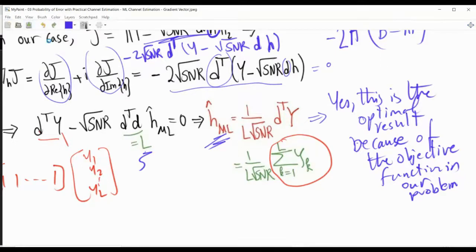Next I will investigate this estimator. Whenever you have an estimator, you want to know, for example, is it biased, unbiased, consistent, inconsistent, and so on. I will do this on the next page.